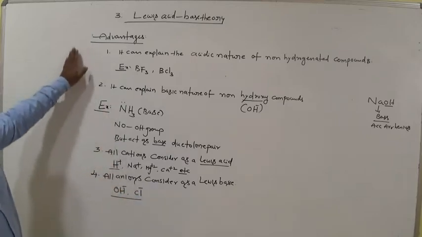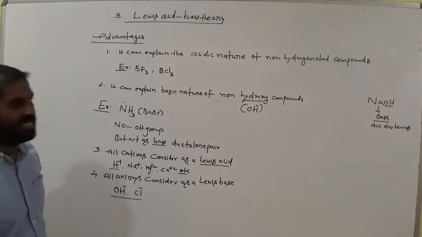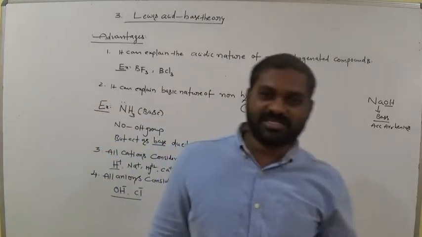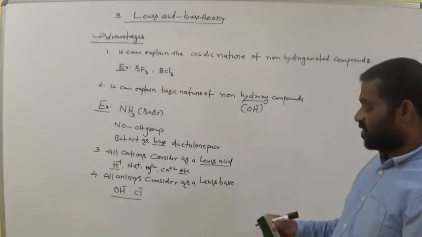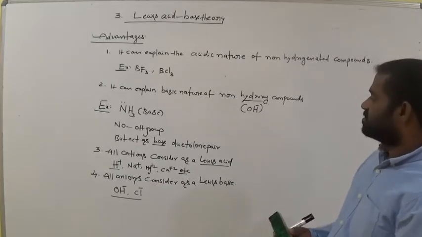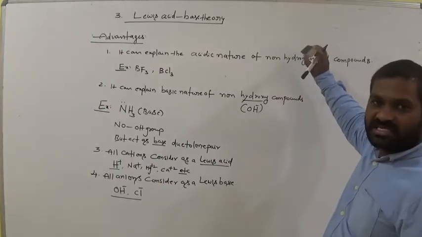So these are the important advantages in Lewis acid base theory. Okay. But some disadvantages it also has, which we call limitations. So can I rub this now? Is it clear, all of you?